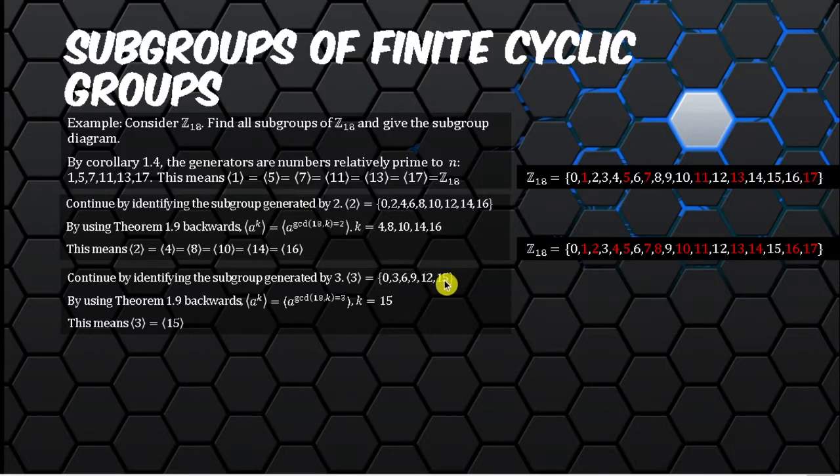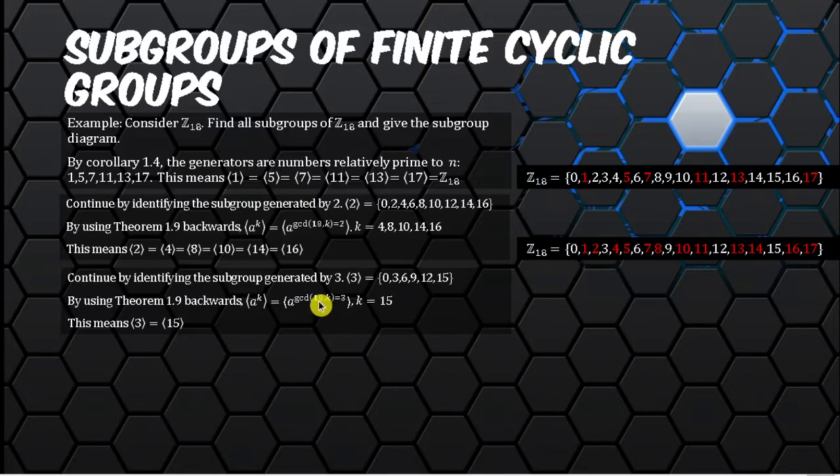Kasi 5 times 3 is 15. Pagdating natin sa 3 raised to 6, that's 18. It will give us back the identity element na 0 because 18 is perfectly divisible by 18 itself. So, backwards ulit natin na gamitin natin yung theorem 1.9.